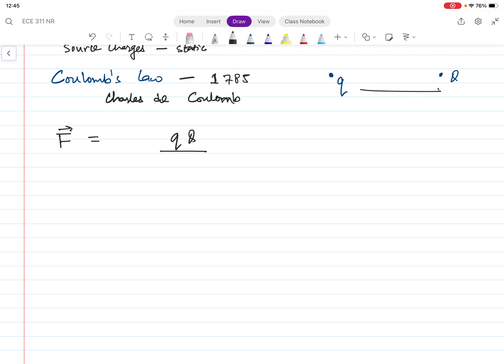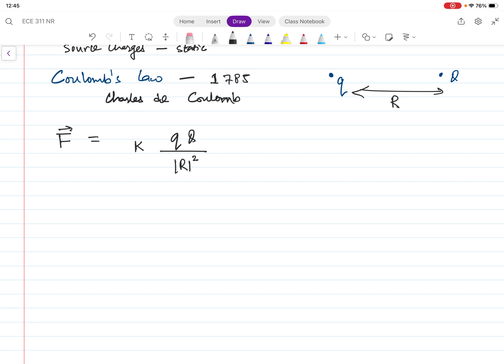Let's say the distance between the two charges is r, and since we are turning this proportionality into an equation, we also need a constant k.